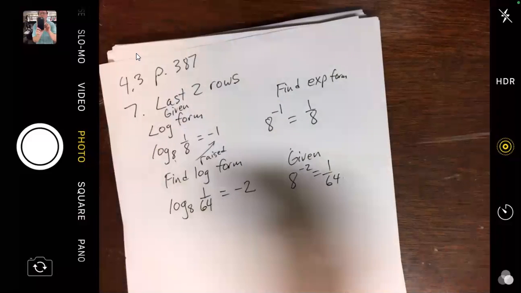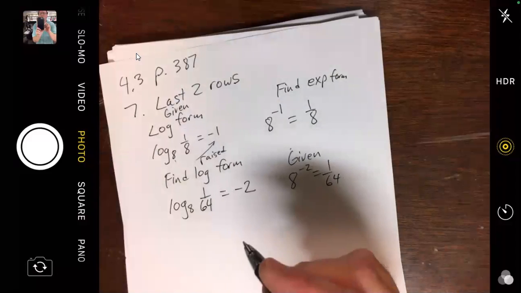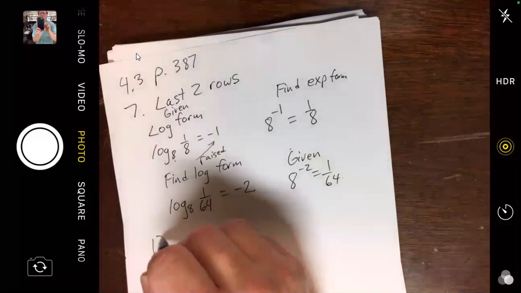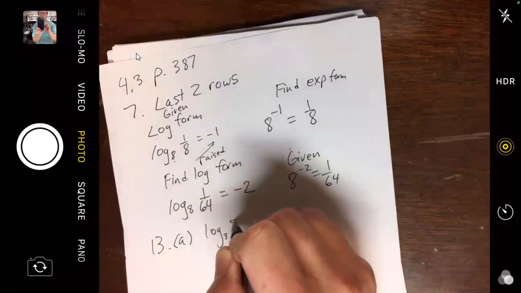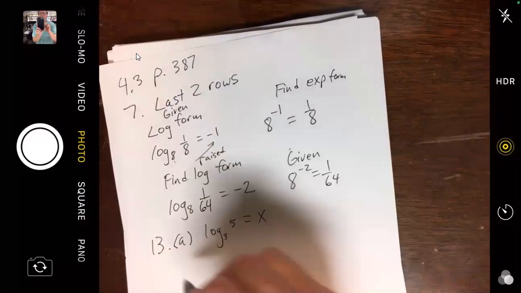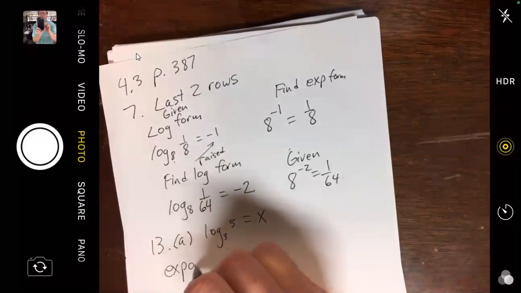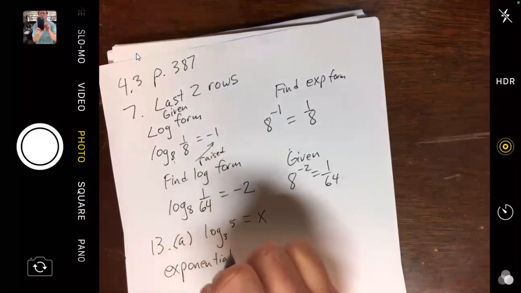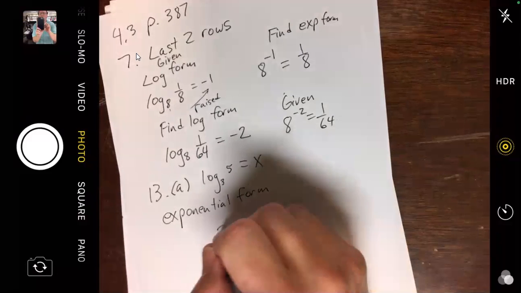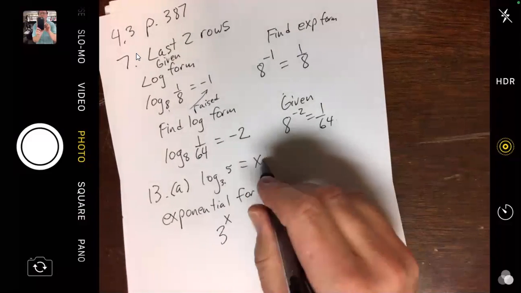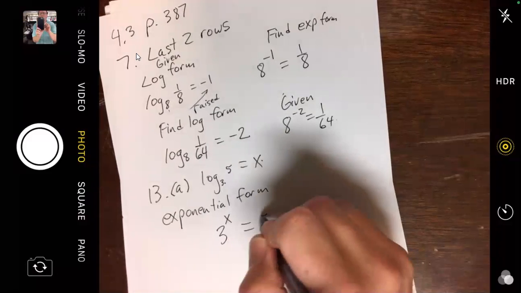All right, let's try 13a. Log base 3 of 5 comes up x, and they want the exponential form. You take 3 to the x, 3 to the x comes up 5.